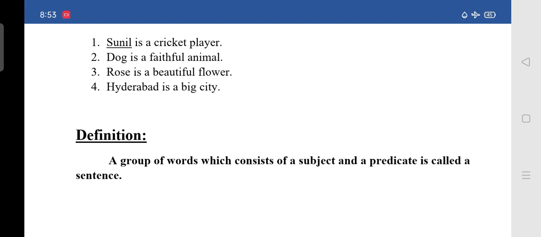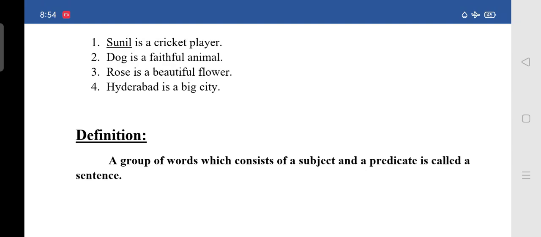I think you have understood what a subject and a predicate are. So a group of words which consists of a subject and a predicate is called a sentence. In a sentence where you have a subject and predicate, that we call a sentence.